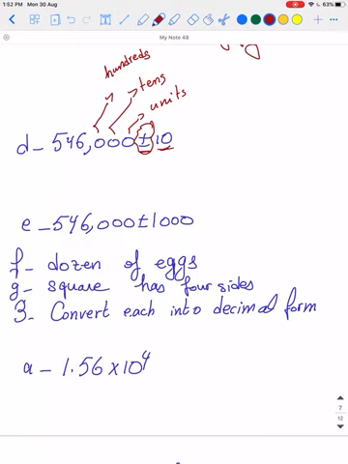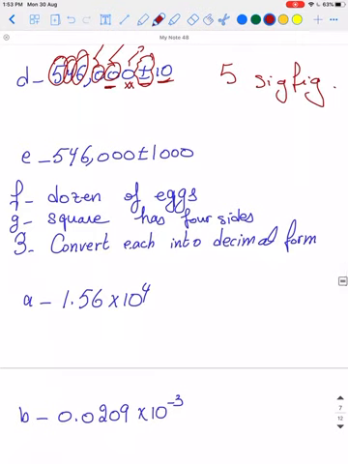Okay, the uncertainty is to the tens place here. So I will not count this as significant because there is uncertainty to the tens place, and I will count only till here. So the significant ones are 1, 2, 3, 4, and 5. So here we have 5 significant figures.